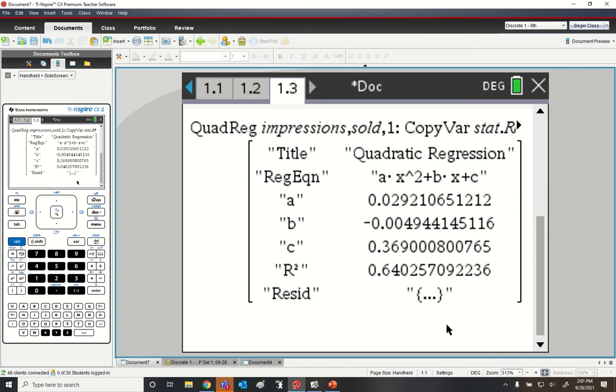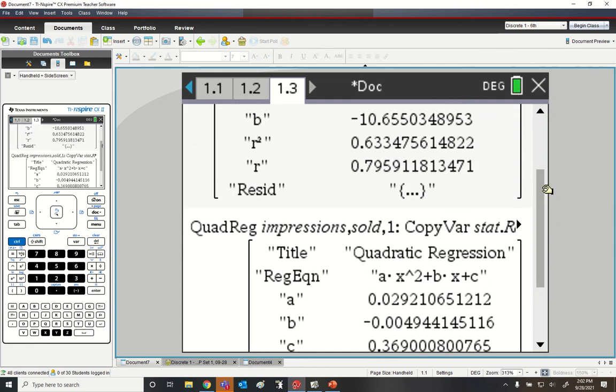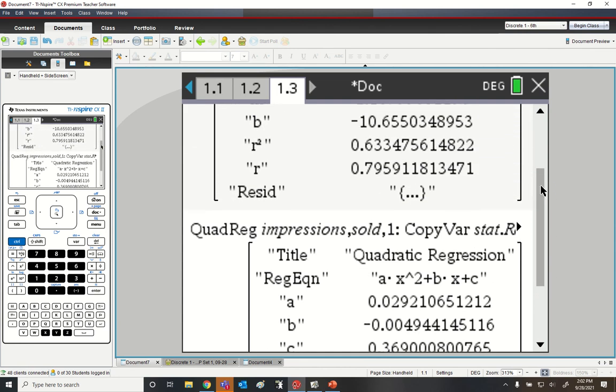Yeah, the previous one was better with the 80%. So this one right here we said is no bueno. It's 64%. It's passing, but not very good. This R squared is 63%. So the better score so far is this one right here, my R value for linear.